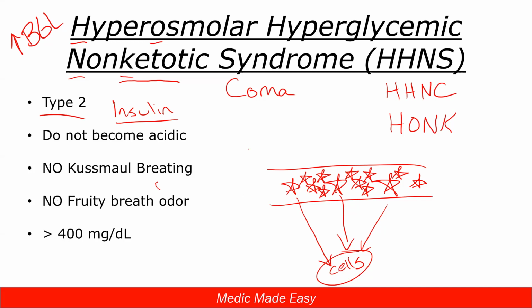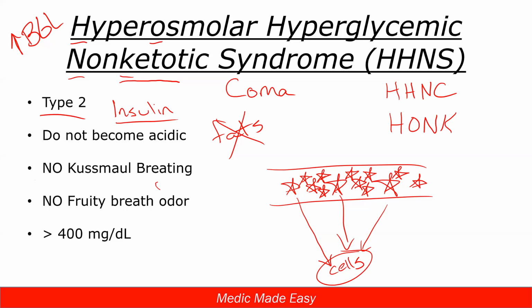But because we're still able to utilize that sugar, even a little bit of it, our body never switches over to breaking down fats to deal with the energy issue. So our body never starts burning off all that fat because we're still able to utilize that sugar inside the bloodstream because our body is still making some insulin. Remember, type 2 is non-insulin dependent.